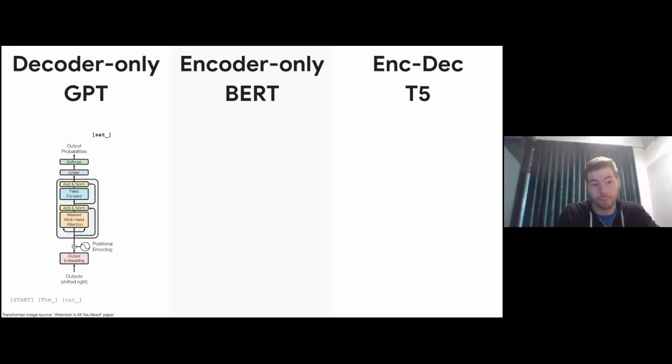You want to learn the probability distribution over all of the text that exists. Maybe in one language, maybe in all languages, it depends on your data, right? So you only have the decoder and that's it. You learn the probability distribution over all the text in the world. And so there is not the cross attention part of the decoder, right? This is exactly the decoder picture, but the encoder is missing and the cross attention into the encoder is missing.